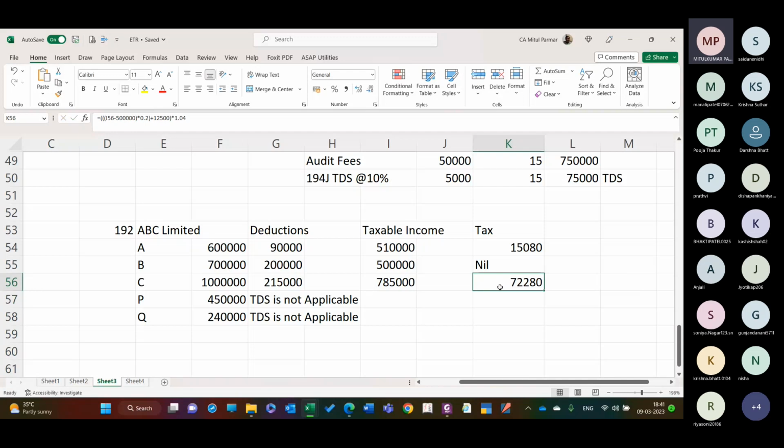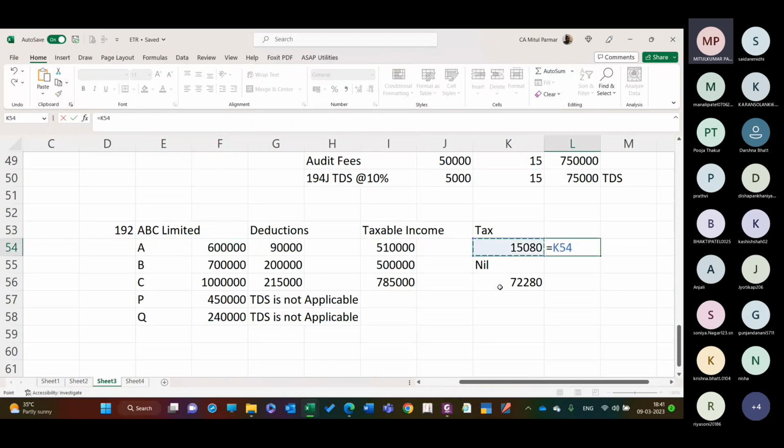That comes out to be 72,280. Now this much TDS is required to be deducted from the salary of A and C by ABC Limited. There is no choice. So whatever the payments are, divided by 12, so every month this much TDS has to be deducted for both employees.